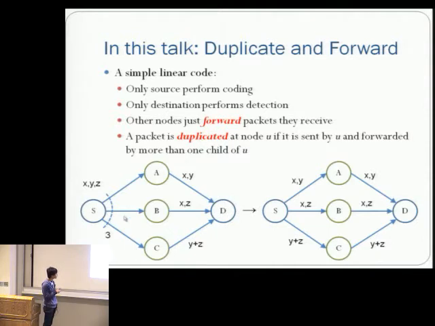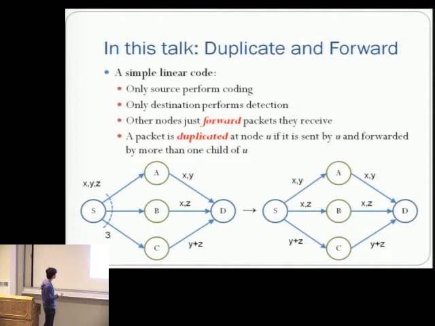None of the intermediate nodes will compare packets and raise an alarm as in the previous examples. All the intermediate nodes in the network just forward the packets they receive. We call a packet duplicated by a node U if it is sent by U and is forwarded by at least two children of U.